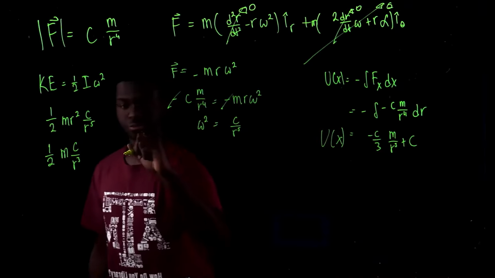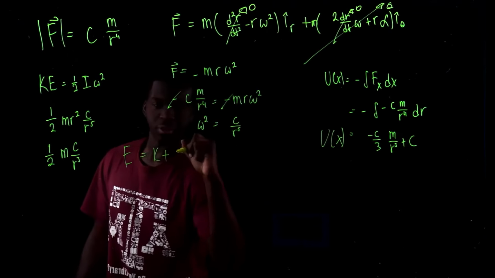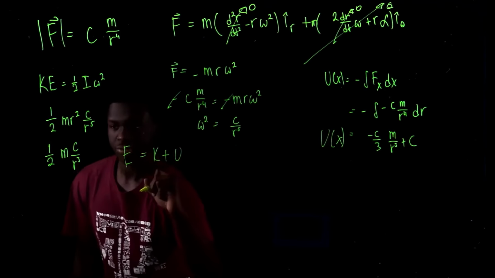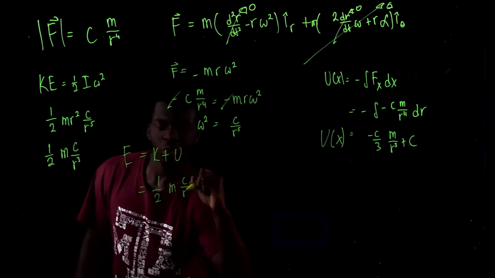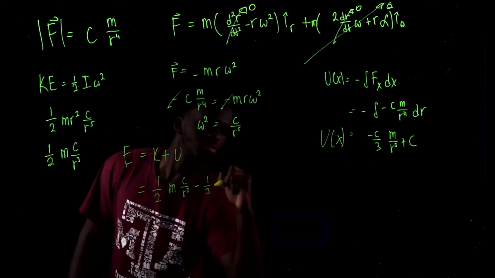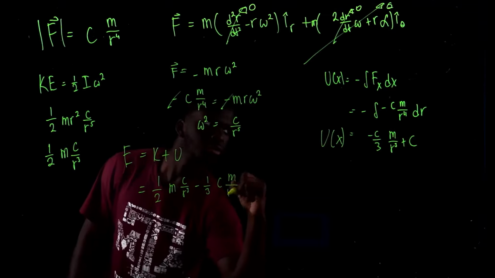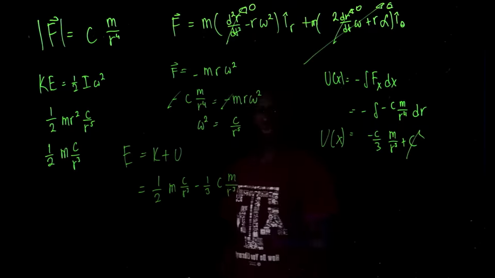So now, to find the total energy, which is equal to kinetic plus potential, let's add them together. Half MC over R cubed minus 1 over 3 C m over R cubed, and you don't have to include the constant because the constant is 0.